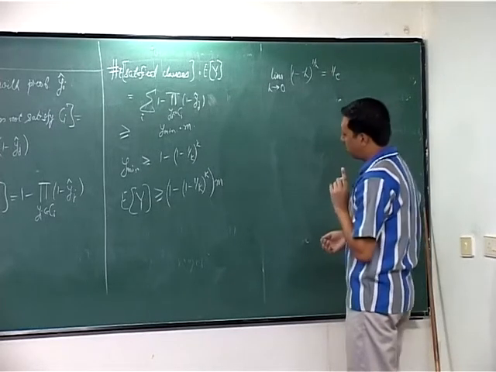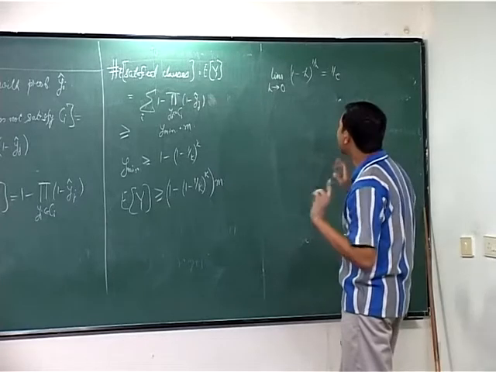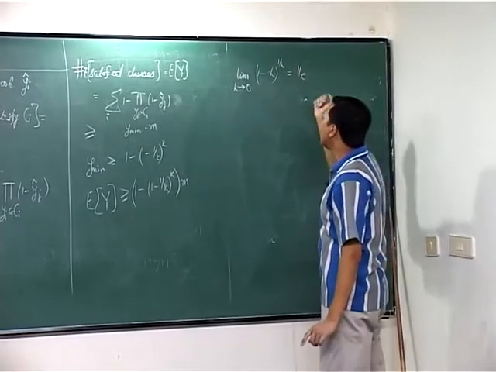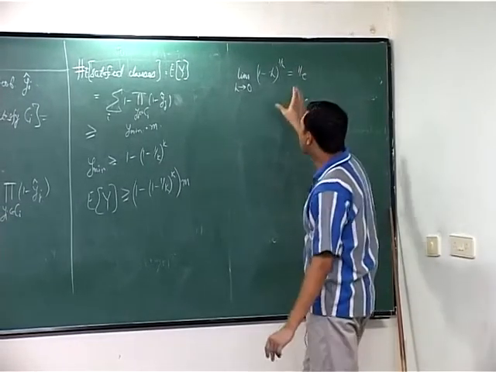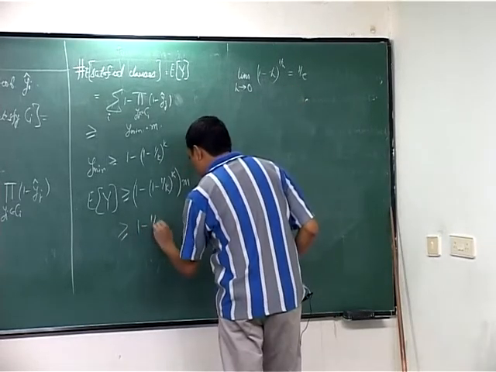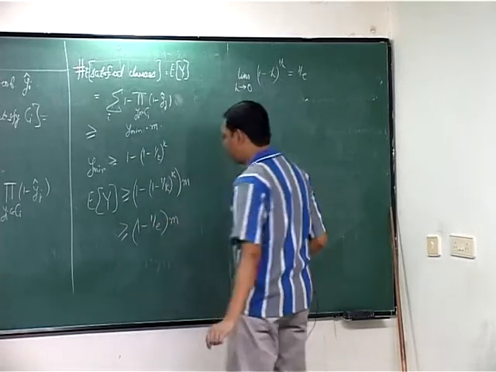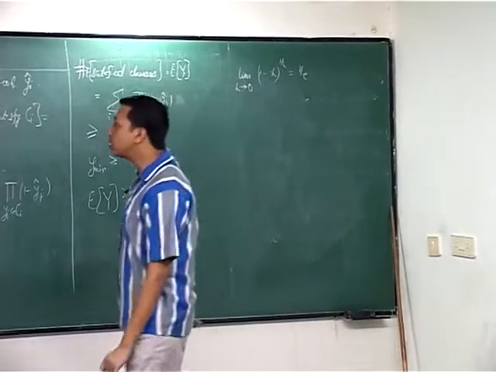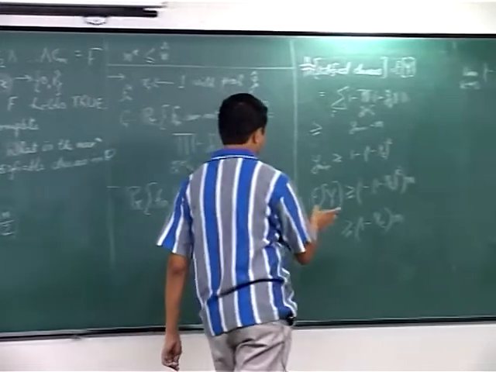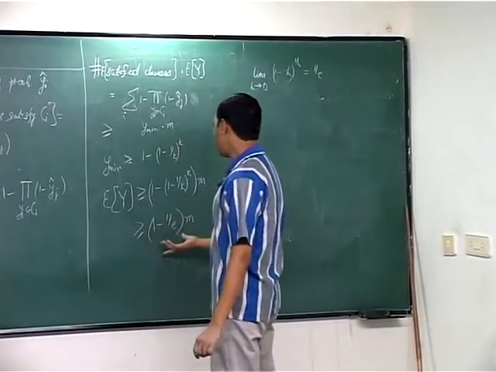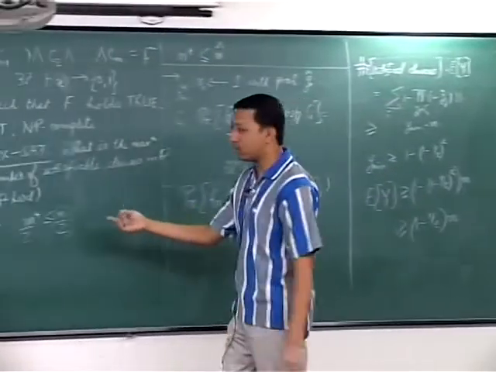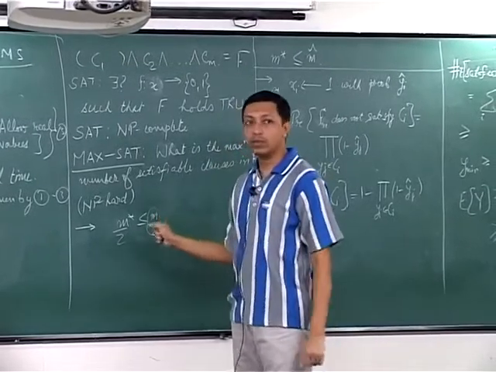Wait a minute, sorry, it's always less than 1 by e, you can just check by expanding. So this will always be greater than 1 minus 1 by e, right? So what this means is you have got another approximation algorithm which gives a 1 minus 1 by e factor approximation, which is slightly better than half, okay.